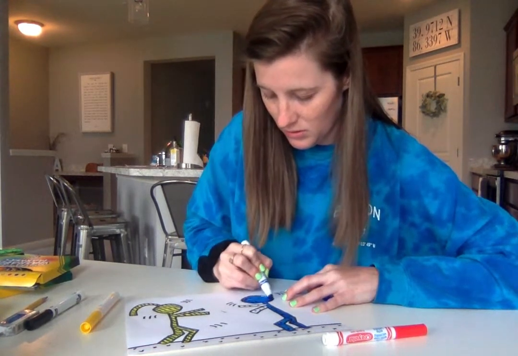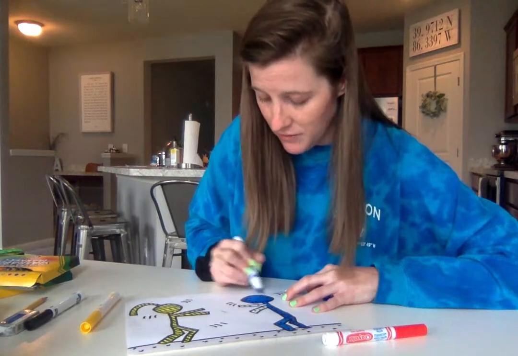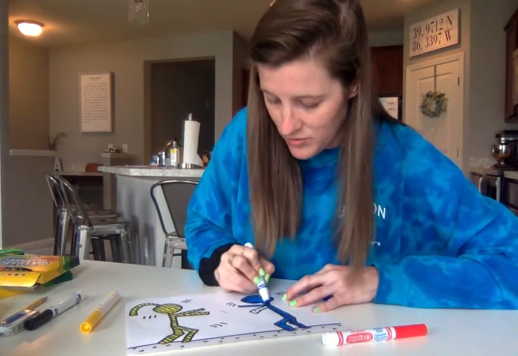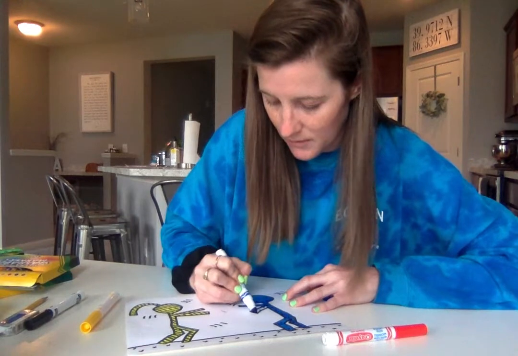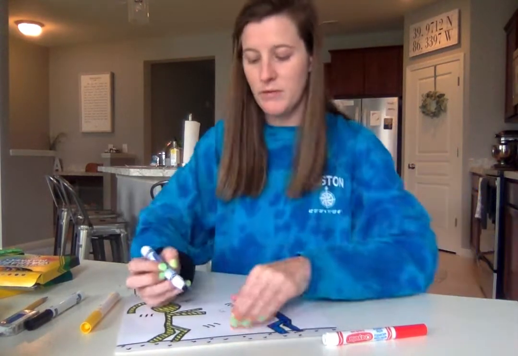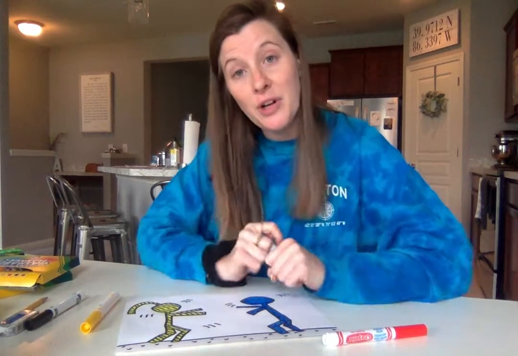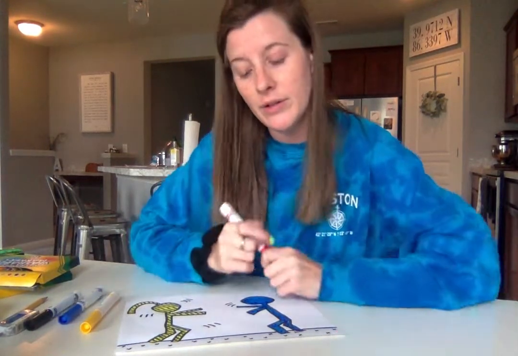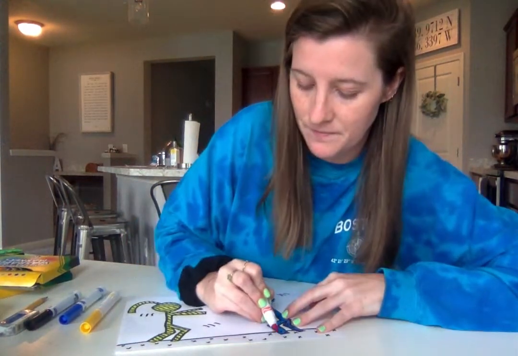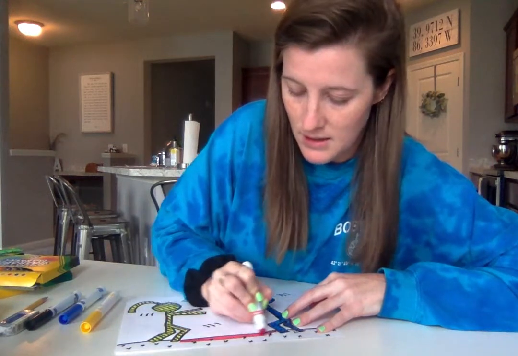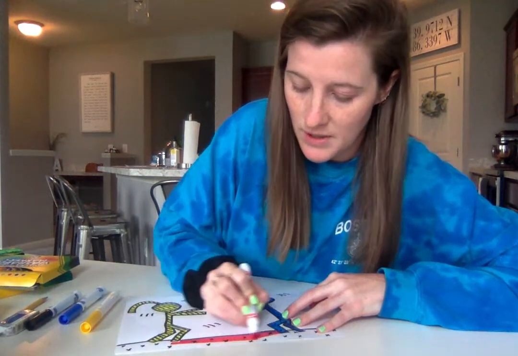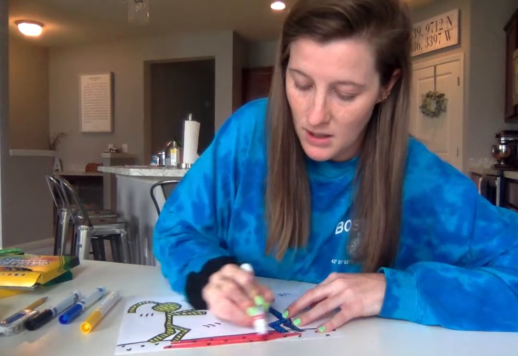So, before you get started, make sure you find somebody to have pose for you, dance for you, move for you, and choose one of those poses or one of those movements to show in your artwork. Or choose somebody on the TV screen and draw something that they're doing or a movement that they're making.